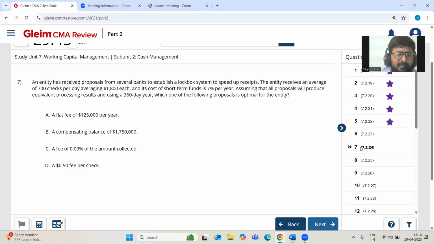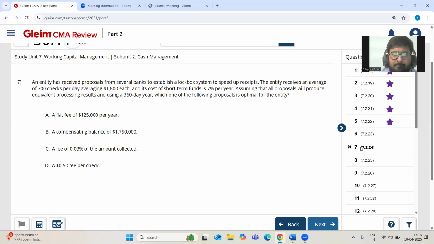So an entity has received proposals from several banks to establish a lockbox system to speed up receipts. Entity receives an average of 700 checks per day, averaging $1,800 each. And its cost of short-term funds is 7% per year.